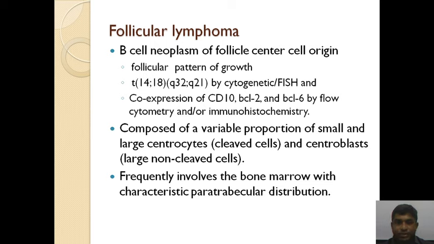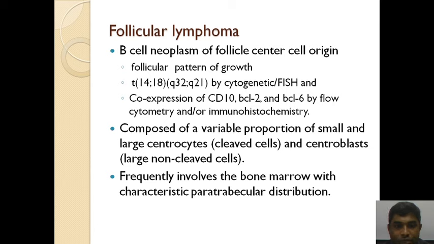As the name suggests, in the lymph node biopsy, the involvement of this lymphoma results in different sized follicles. It's a B cell neoplasm of follicular center cell origin, and it has a follicular pattern of growth. It is associated with a typical chromosomal abnormality, that is translocation 14;18.